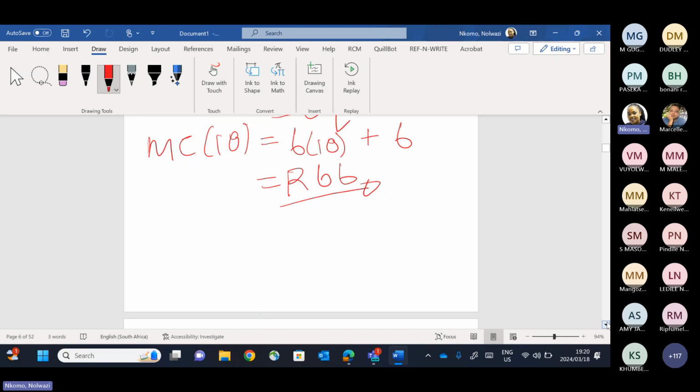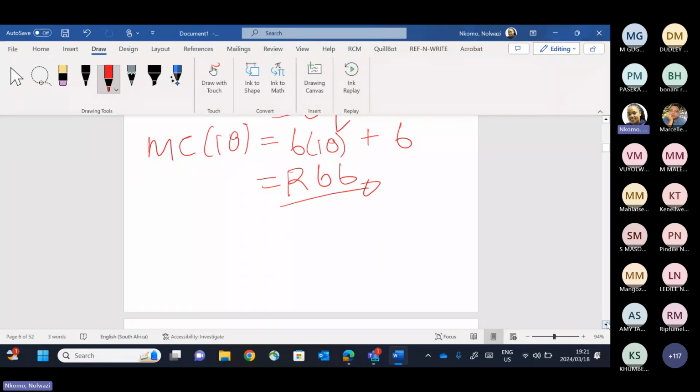So a production function gives the relation between the inputs and the outputs, because we transform the inputs into units of output.